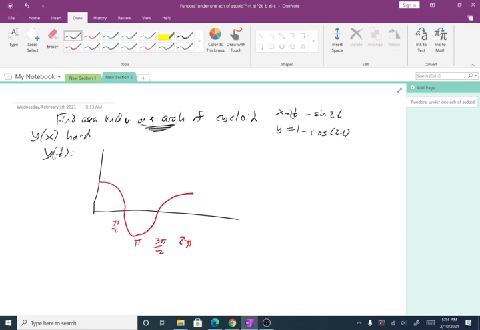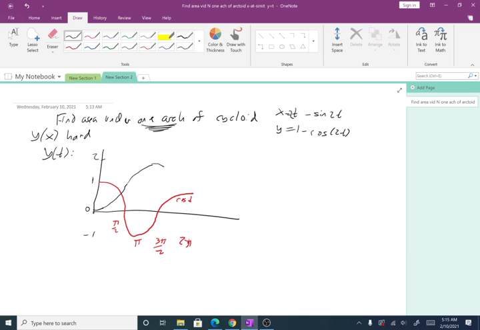So now if I do 1 minus cosine t, then this is 1, remember, this is negative 1. So if I take 1 minus this, we start out at 0, we end up at 1, and we cap off at 2.